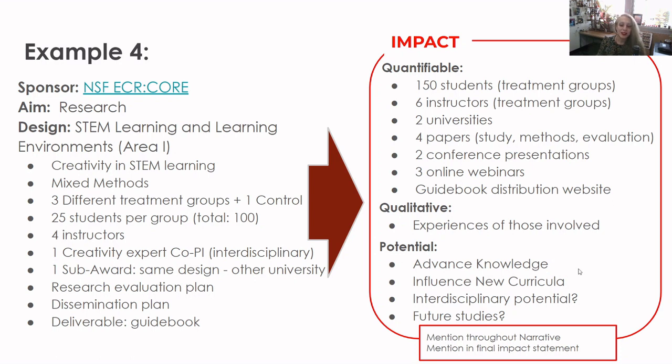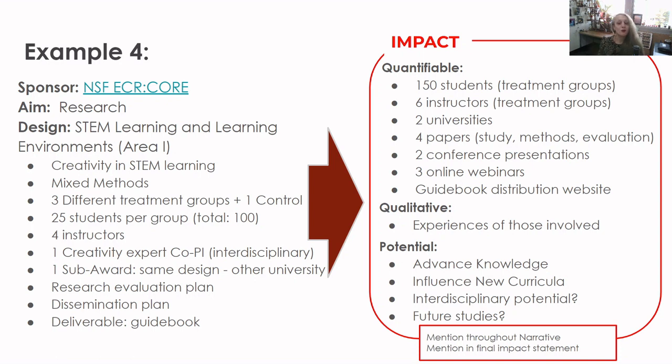You have all this potential to advance knowledge, and also perhaps a potential for interdisciplinary discussion as well, because creativity might involve other areas, not just education. Maybe there's some art folks that might want to participate in the discussion. Maybe there are other areas where creativity is big, so you can bring that into your impact statement as well.